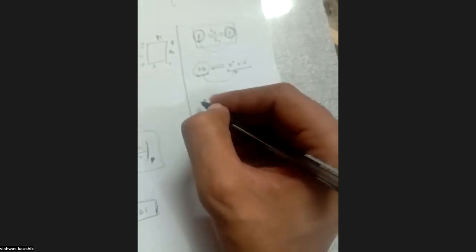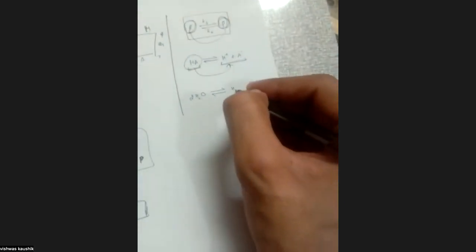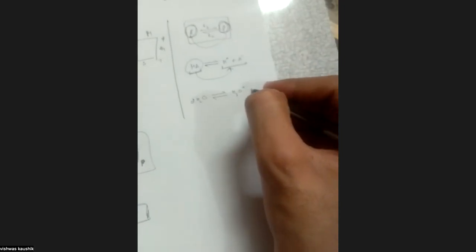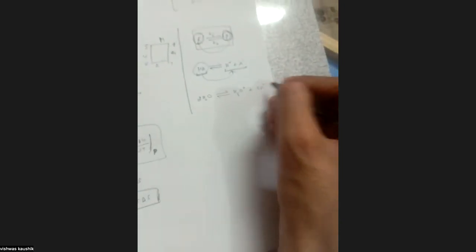The example is water. If we have two molecules of water, then equilibrium will exist between the H3O positive and OH negative ions, sir.